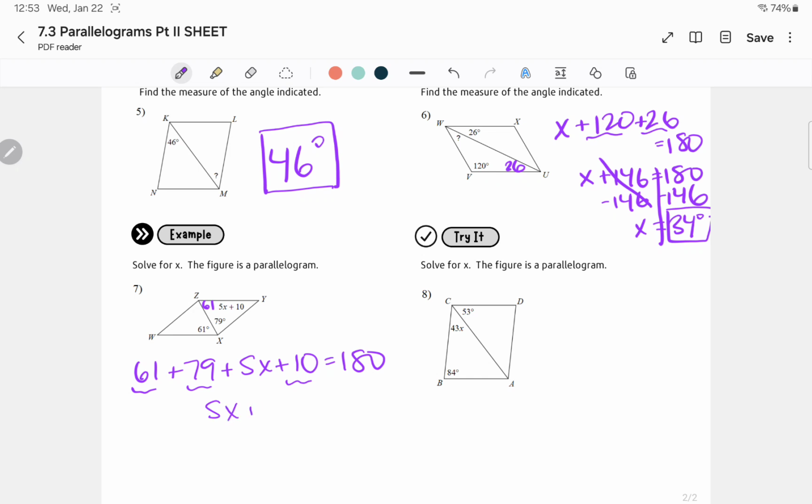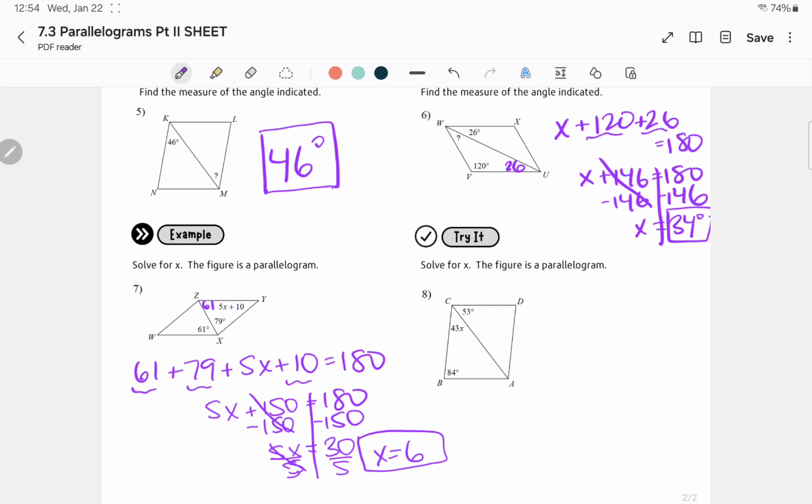So we have 5x plus 150 is equal to 180. And now we can solve for x by subtracting 150. 5x is equal to 30. And let's divide both sides by 5. So x is equal to 6.